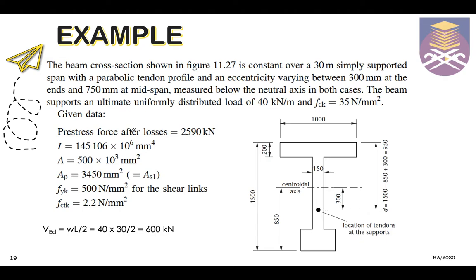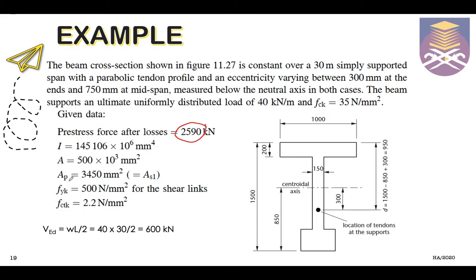The given design data are the pre-stress force after losses, which is 2,590. In this value, the losses have already been considered. Then we have I, we have A, which is the area.